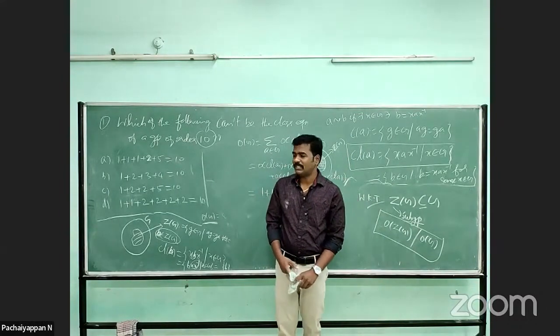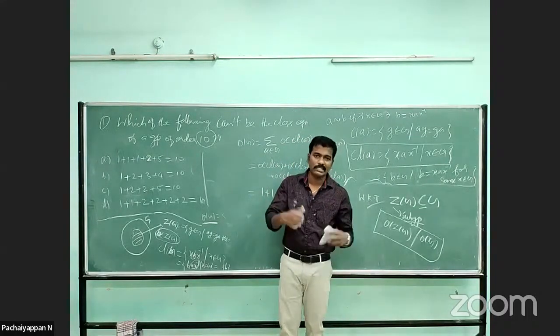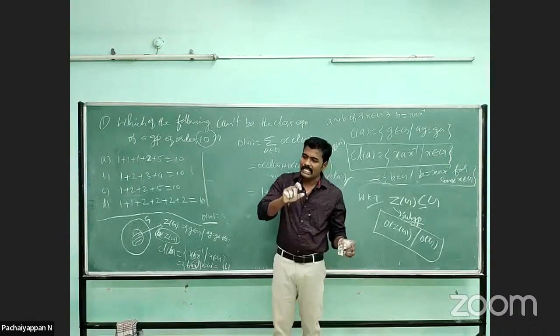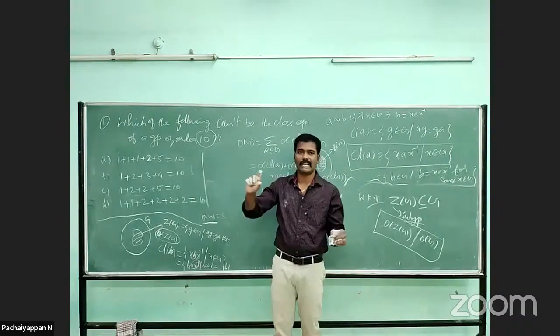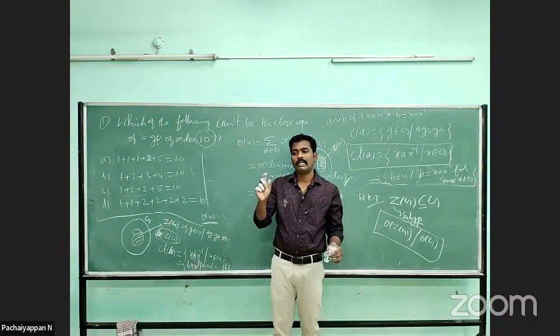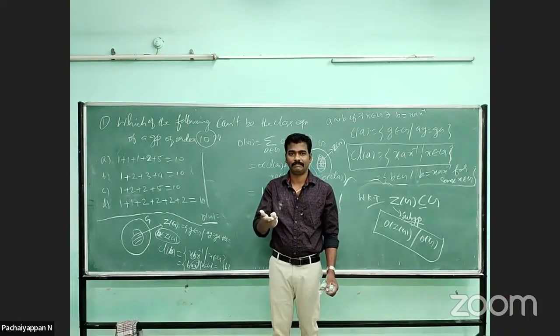Now, from that conclusion, suppose G is a random group whose class equation is written, and someone says this is a class equation. Then suddenly they ask the question, how many elements are there in the center?